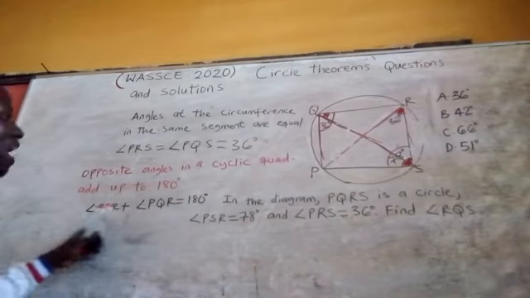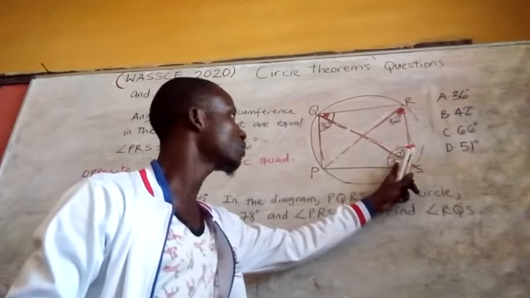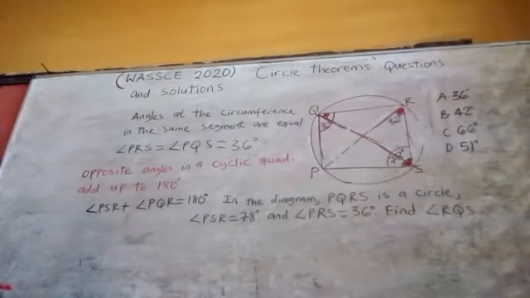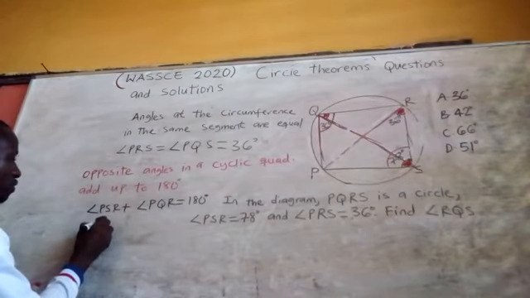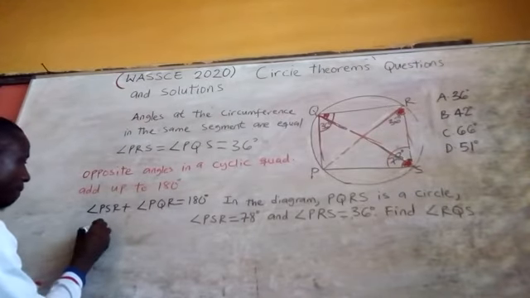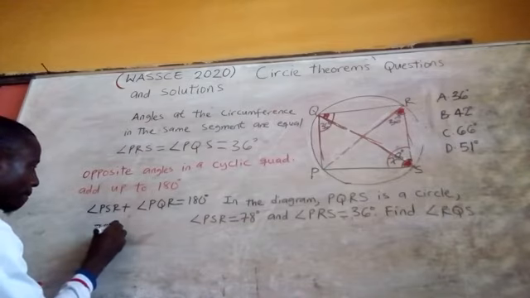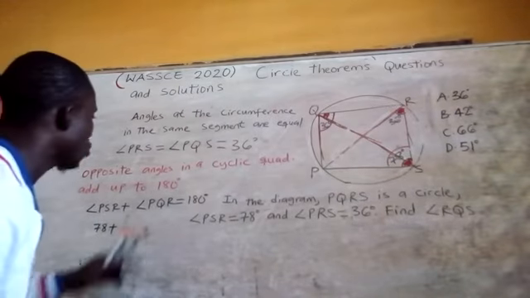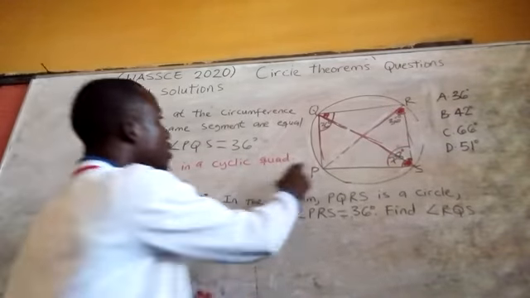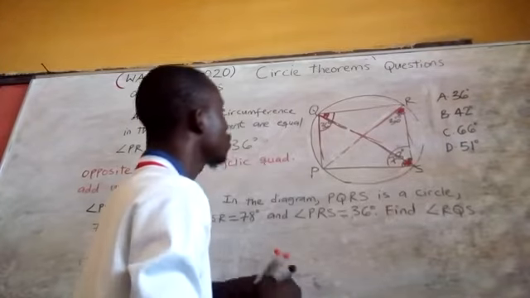So here angle PSR is 78 degrees. So angle PSR we have 78 degrees plus now angle PQR comprises of two angles.